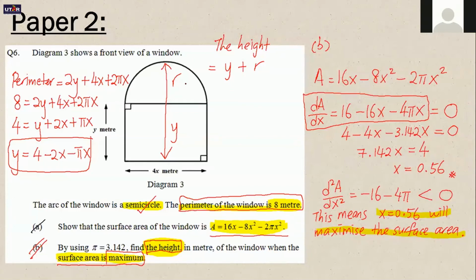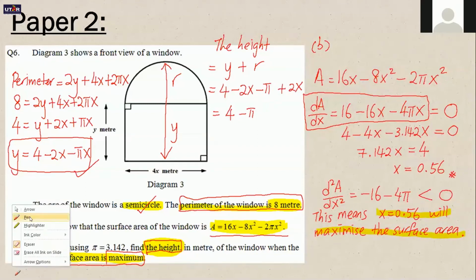So what is y? According to here, the y is 4 minus 2x minus pi r. What is r? Just now the radius is 2x, so plus 2x. Do you realize the negative 2x plus 2x cancels out? We have 4 minus pi x, sorry, this is not r, this is x.